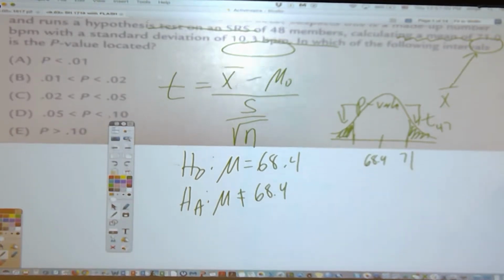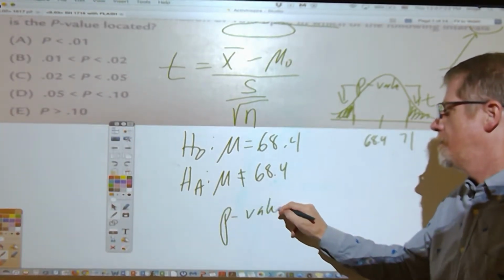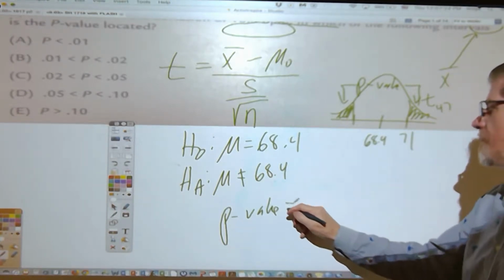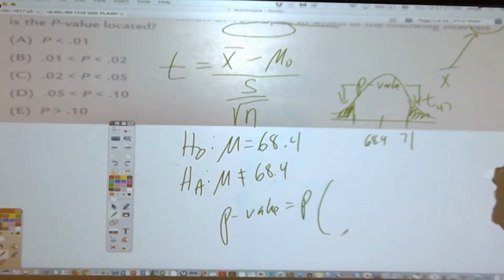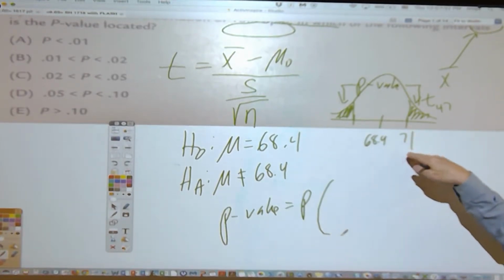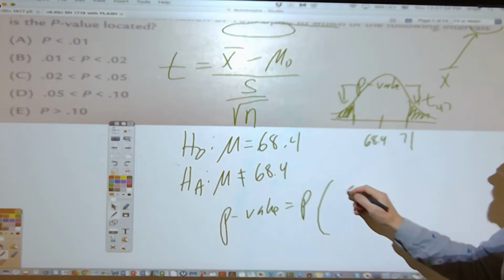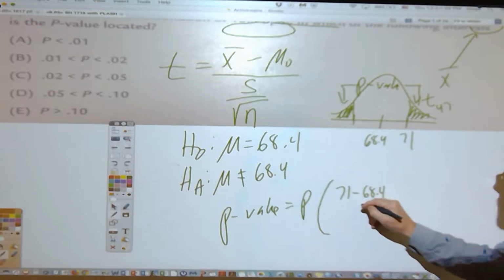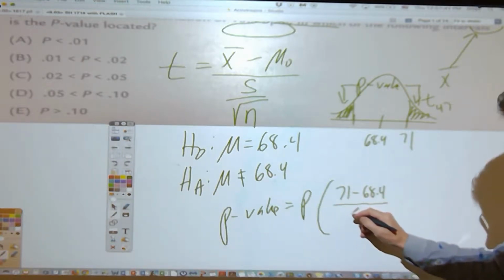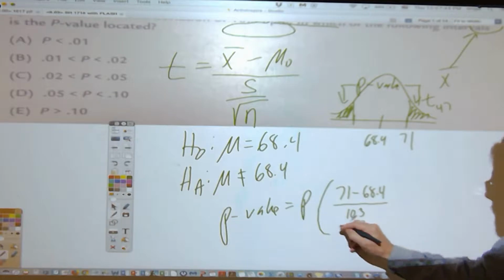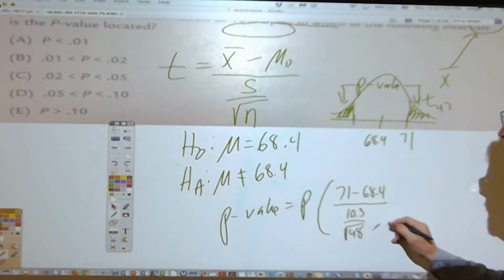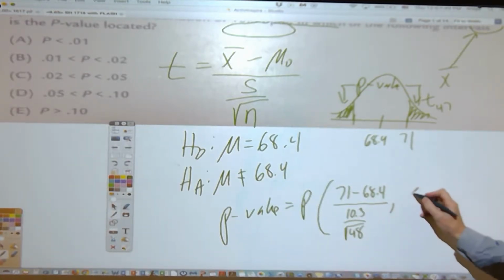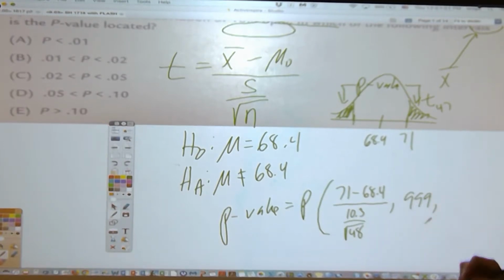So to calculate the p-value, I need the probability that we observe a test statistic as extreme as the test statistic associated with 71. That t-score would be 71 minus 68.4 divided by the standard deviation, which was given as 10.3, divided by the square root of the sample size, 48. So that's the test statistic, comma, 999, comma, 47 degrees of freedom.